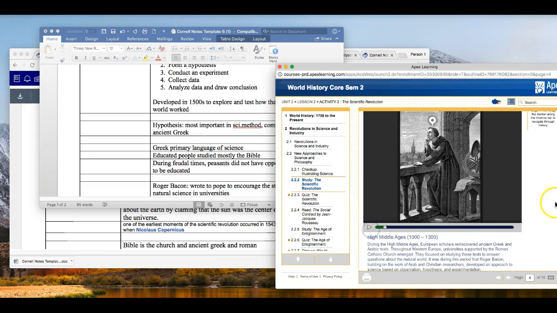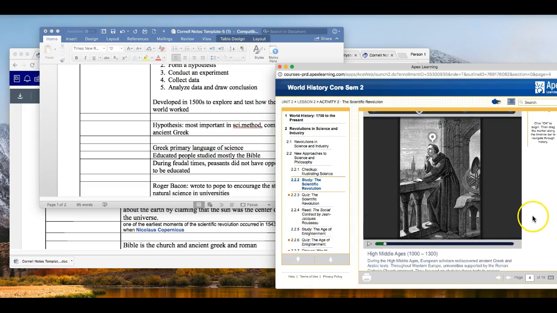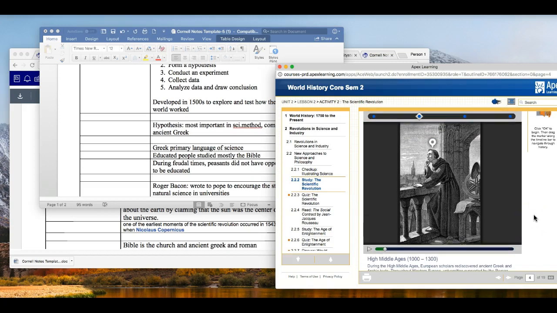and pause it again. So this is explaining what happened during the High Middle Ages, and it introduces us to a guy, a scientist, named Roger Bacon. Actually, he was more of a philosopher, but he is important to the scientific revolution.